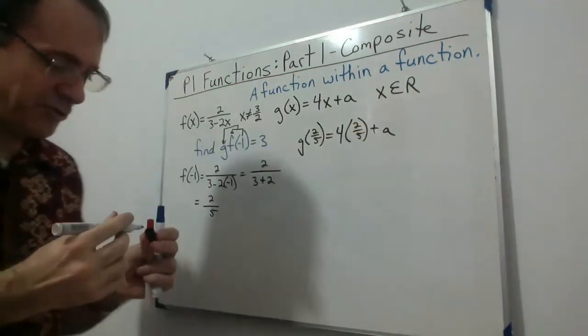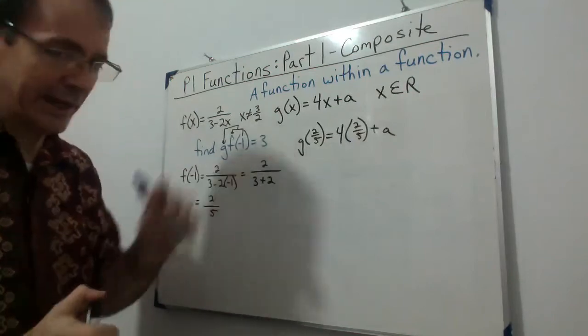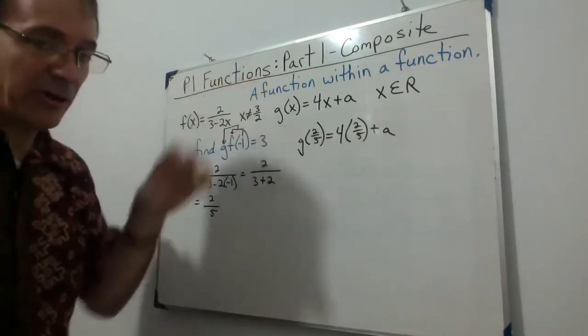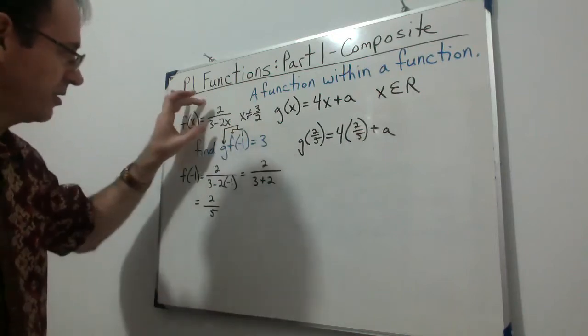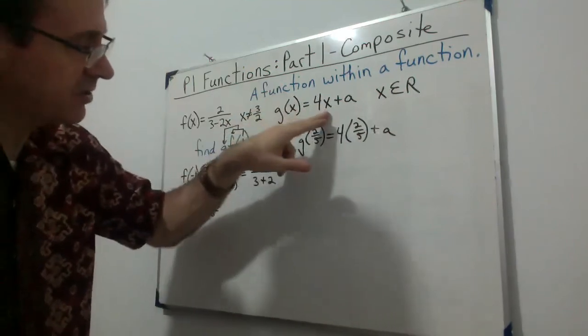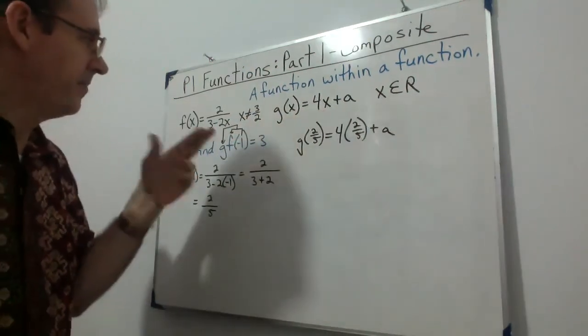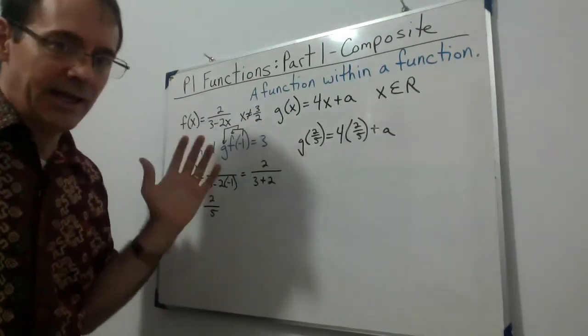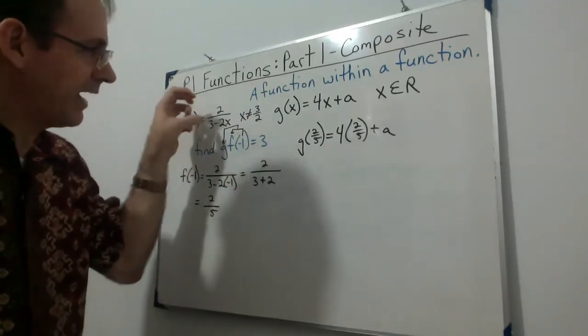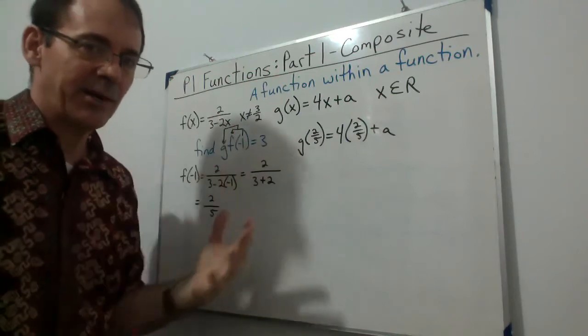There's actually two ways that you can do it. This is the way I prefer. You could put it in algebraically first. In other words, you could put the 2 over 3 minus 2x into this x here, then plug in the -1 and work from there. But to me, putting the algebraic one in kind of complicates it.